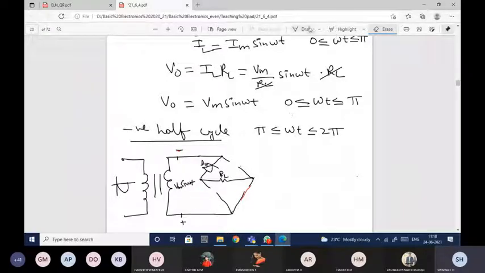Come back to D4. This is your P and this is your N. N is connected to negative and P is connected to positive. So the diode is forward biased. A forward biased diode you will replace with short.